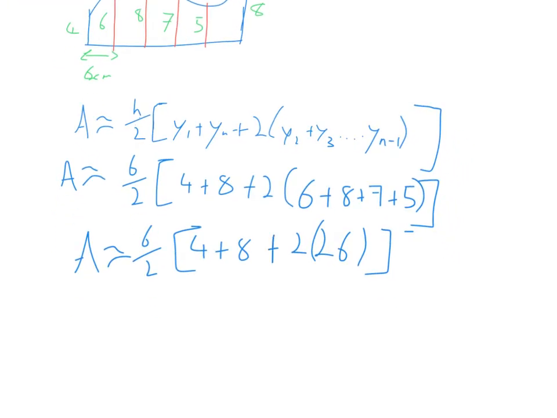Now BIDMAS will tell us to try and solve the next bracket out, which is this one here. So we have some addition in here and we have some multiplication. So we'll do the multiplication first again because of BIDMAS. So 2 times 26 will give us 52.